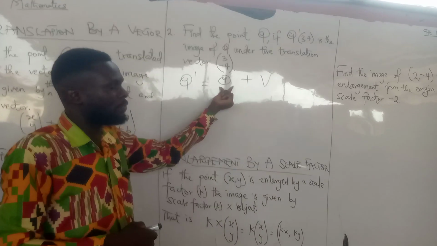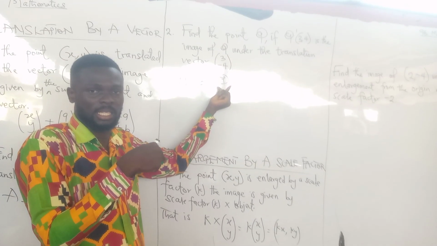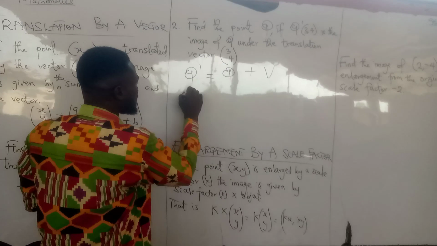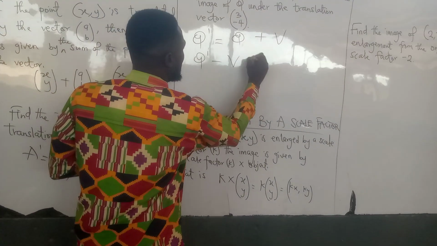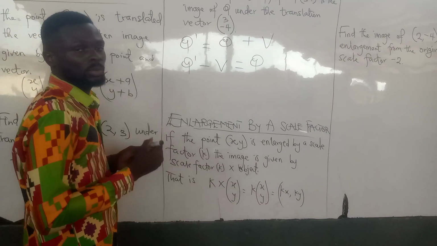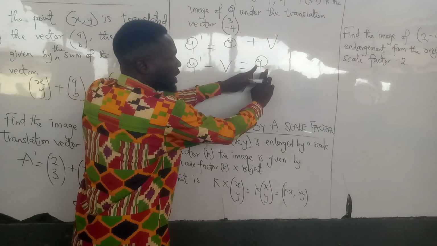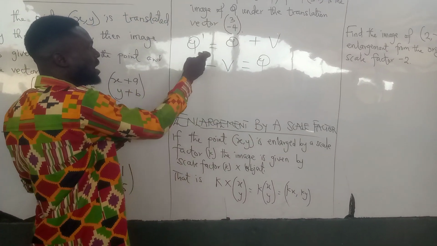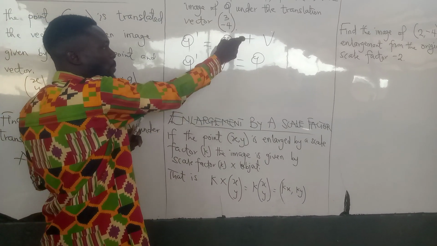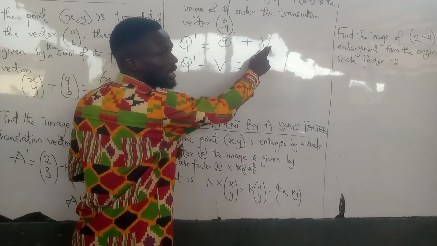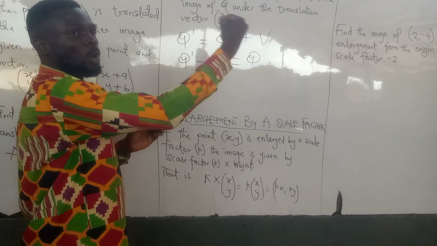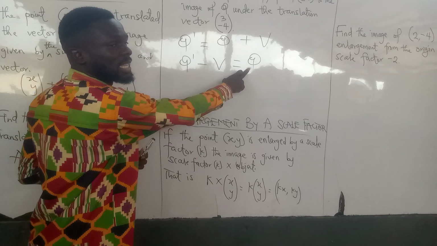So let's make Q the subject here. We are going to get Q prime minus V is equal to Q. So I want Q. I know that the image is the point plus the vector. So if I'm finding the point, then I'll just make the point the subject.